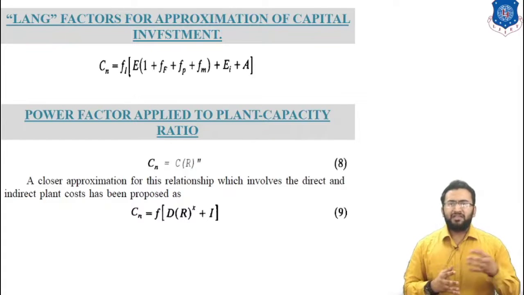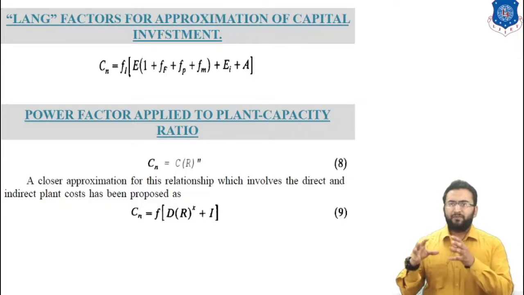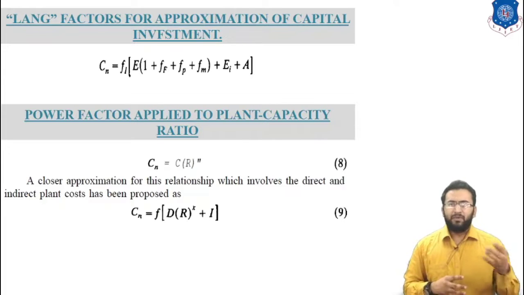That is, for certain similar process plant configurations, the fixed capital investment of the new facility is equal to the fixed capital investment of a constructed facility multiplied by a ratio R, defined as the capacity of the new facility divided by the capacity of the old, raised to a power x.